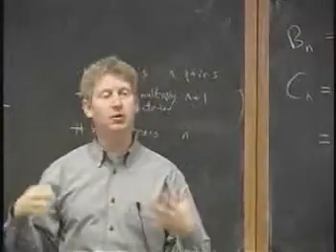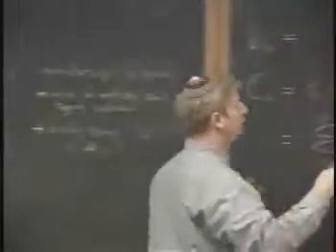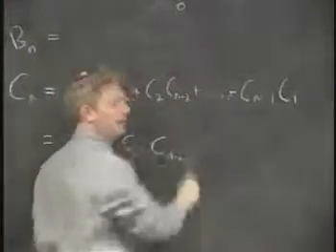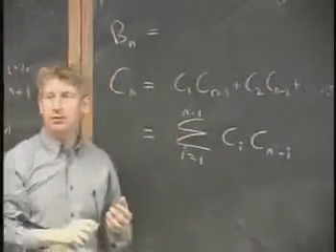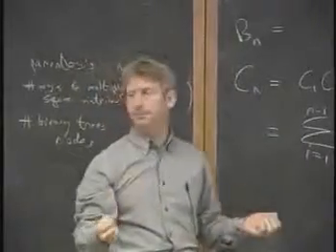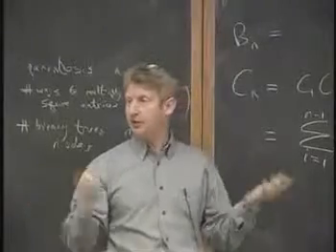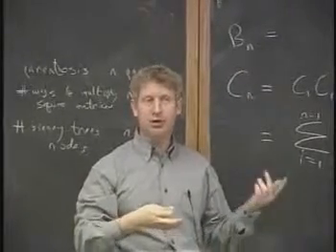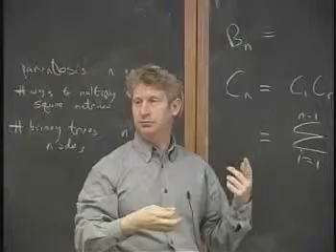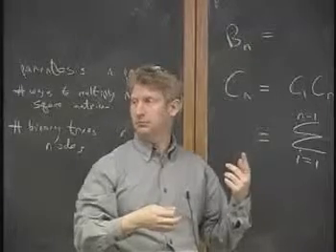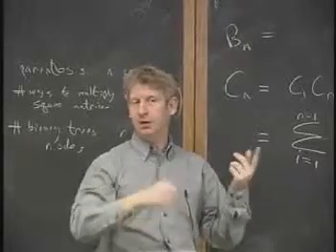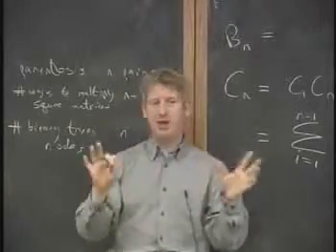How many new ways can I make a new binary tree? I always put the new node at the top. Okay, there it is. How can I continue? I got two sides, right? The left side can be any binary tree, and the sum of the two has to have n minus 1 nodes.